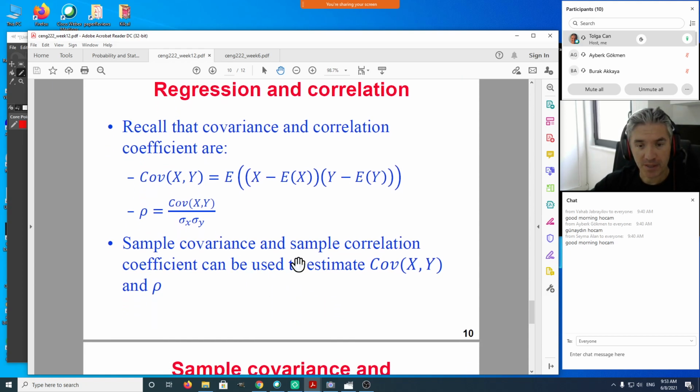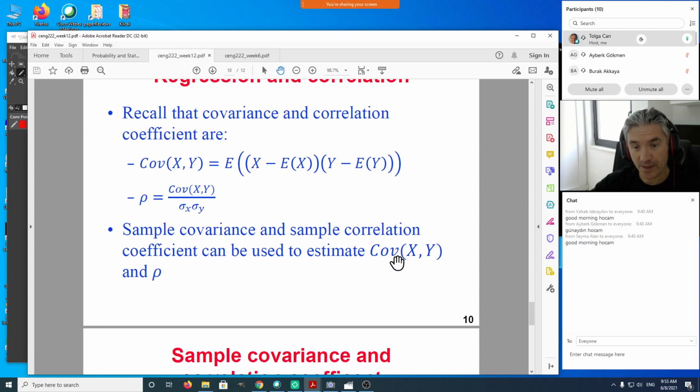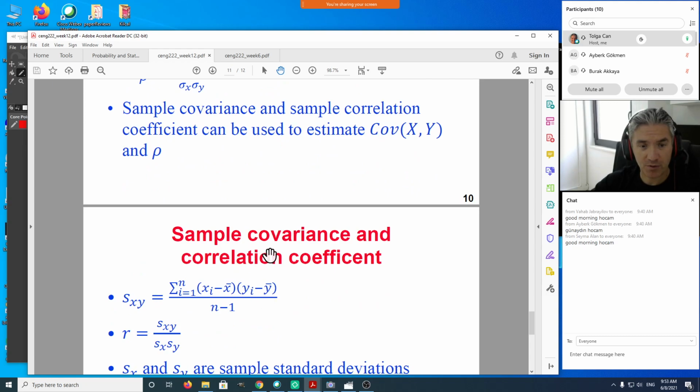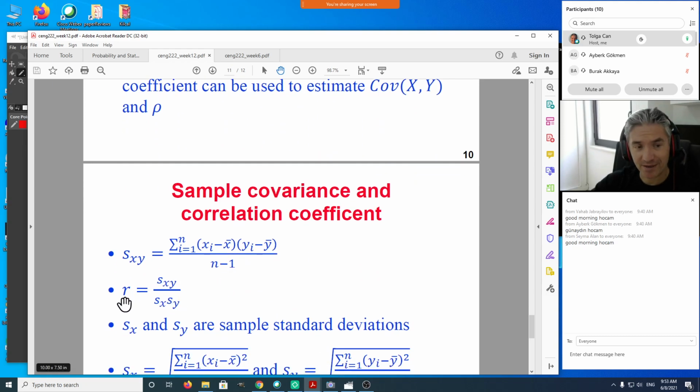Sometimes we can use the sample covariance and sample correlation coefficient to estimate the covariance and rho. So the sample correlation coefficient is named R, this small letter r, and this SXY we were using to compute beta 1.